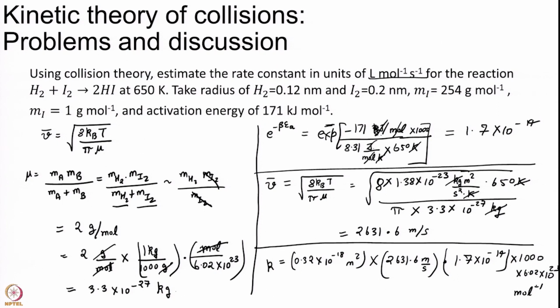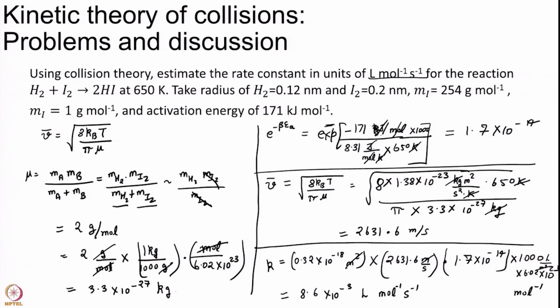So, this is 1000 liter per meter cube. I will cancel meter cube here with meter cube. I will cancel nothing else, and I will calculate this, and at the end of the day I have this number with me, 8.6 into 10 to the power of minus 3 liters mole inverse second inverse.